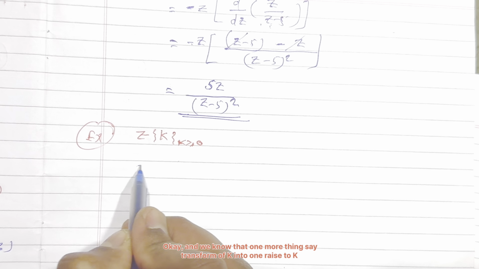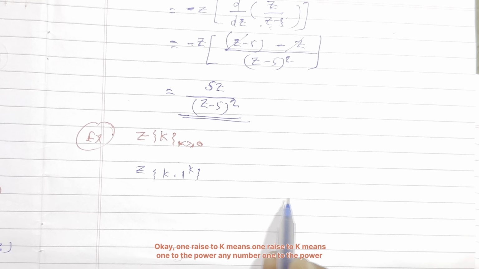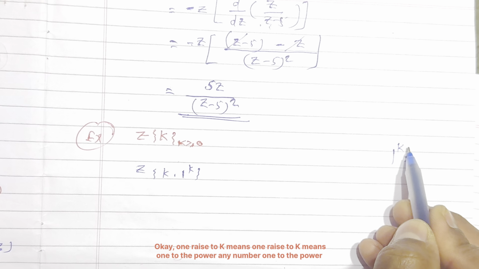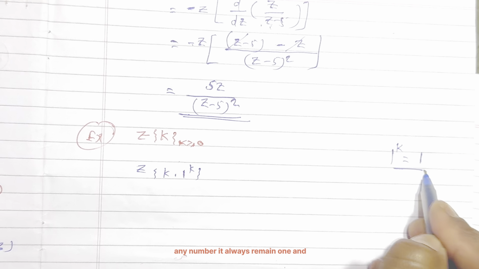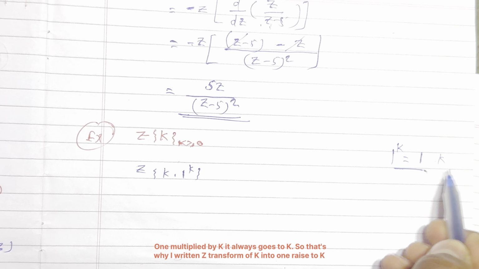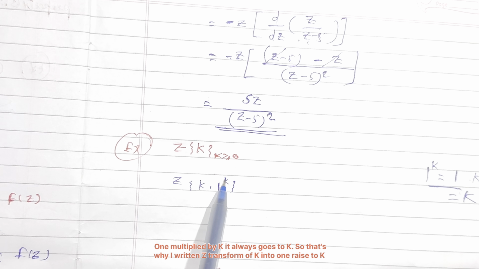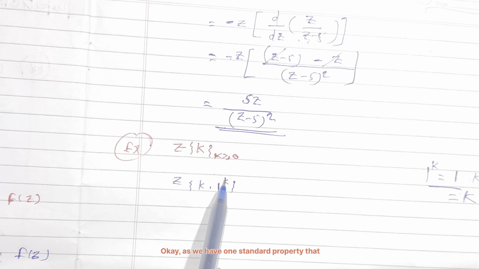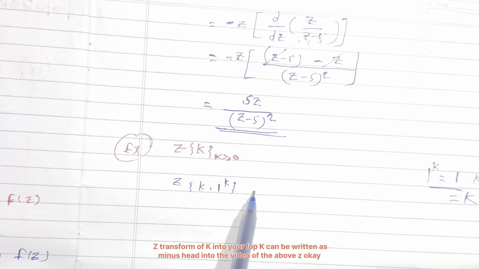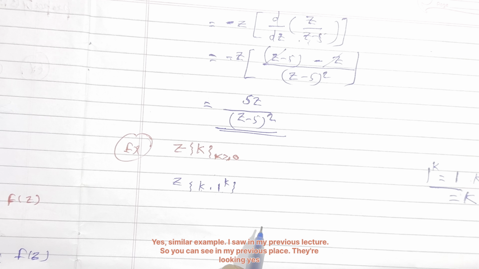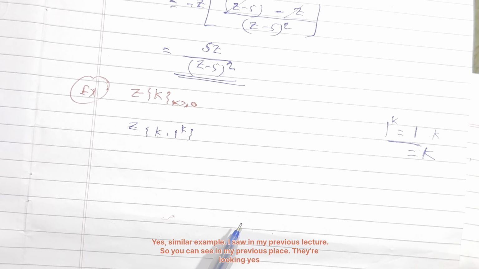We know that Z transform of K is Z transform of K into 1 raised to K. 1 raised to any power always remains 1, and 1 multiplied by K is K. We have one standard property that Z transform of K into f of K can be written as minus Z into the derivative of f of Z. A similar example was solved in my previous lecture, so you can see the previous playlist.